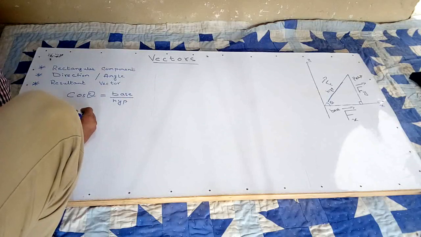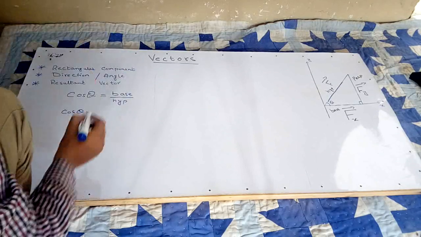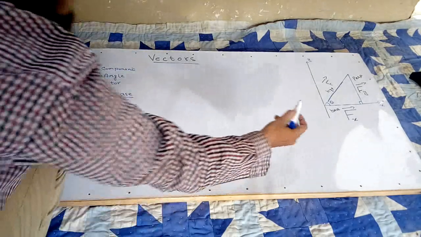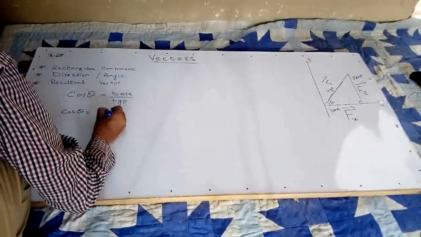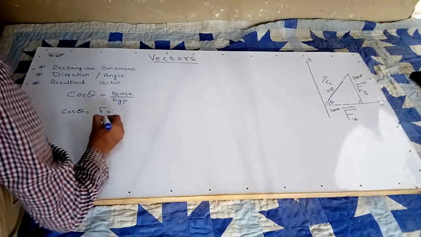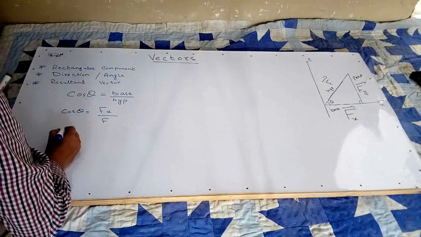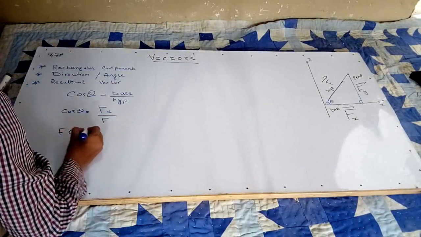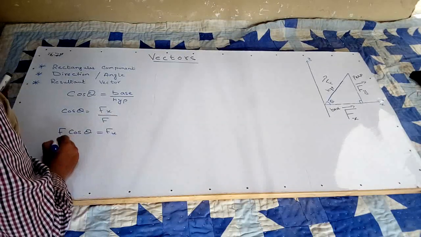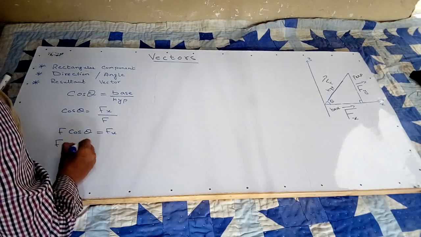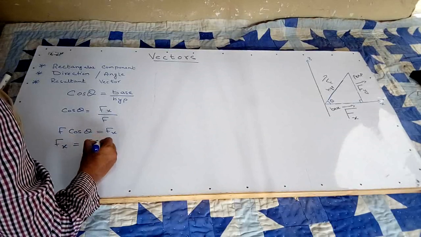Cos theta is equal to base, which is Fx, over hypotenuse, which is F. Dividing this side, multiplying, so Fx becomes F cos theta.